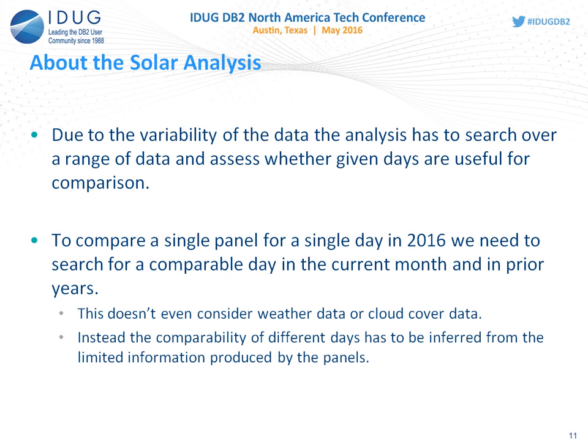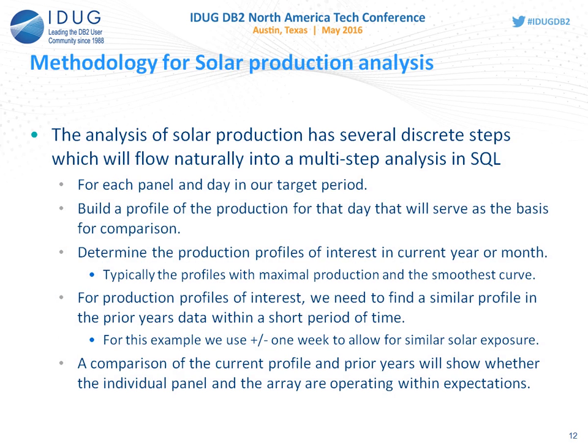And so I need to search for these compatible days in the prior years. And as I said, I don't have cloud cover data, I don't have weather data, and even the weather station 10 kilometers away does not necessarily get the same cloud cover that I do at my home. So we have to infer what can be compared just from the limited data produced by the panels themselves.